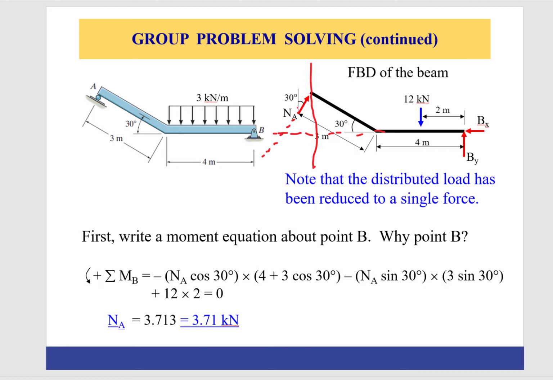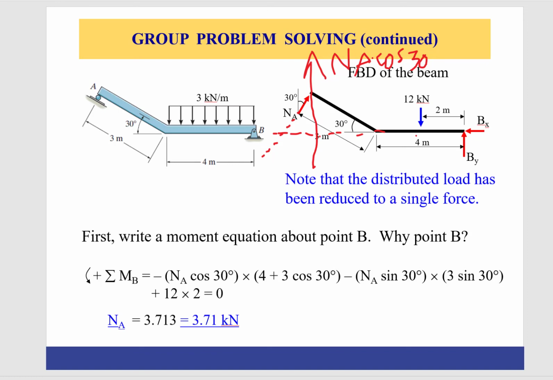I want to know the component of NA in the y, which is NA cosine 30, right? So this is NA cosine 30, plus the distance from here to here, the normal distance, right?